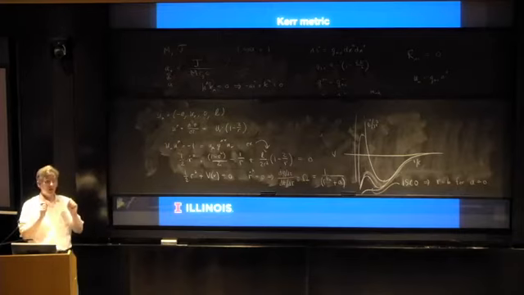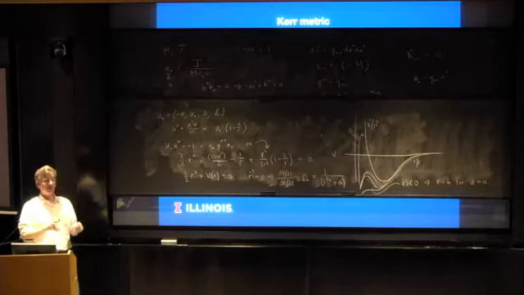Okay, so we talked about efficiency earlier. Someone, I think it was you, asked where the 0.1 came from. That comes from the properties of these innermost stable circular orbits.